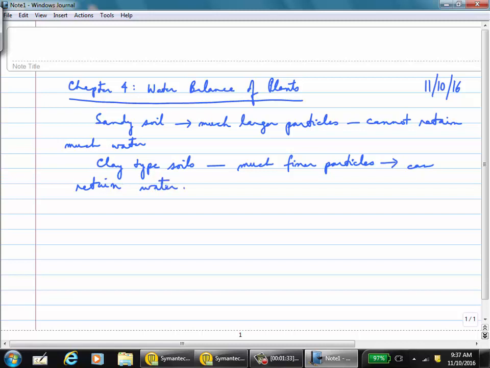Now, in order to extract water from the soil, the plant will have to use some mechanism. The basic laws of physics that I talked about, surface tension, water potential, those things will have to be obeyed while water is being extracted from the soil.